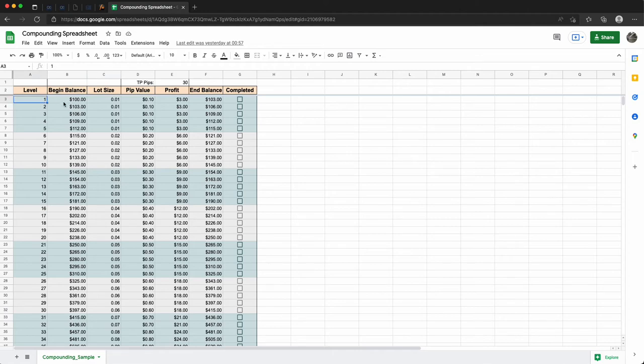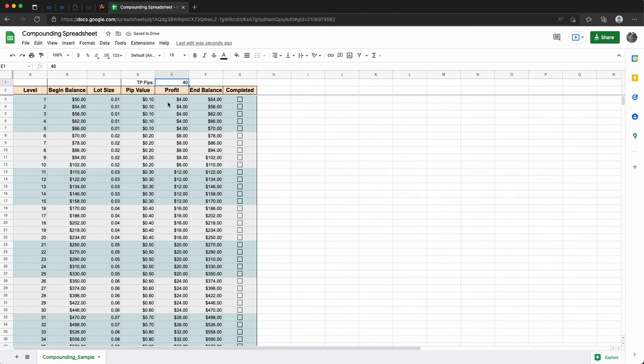So I know that I have a starting balance. Let's say you start with $50, then it will adjust everything according to your $50 starting balance. And then you set your TP in pips. So let's say I set my target at 40 pips per day, which is 20 pips to trade per day.